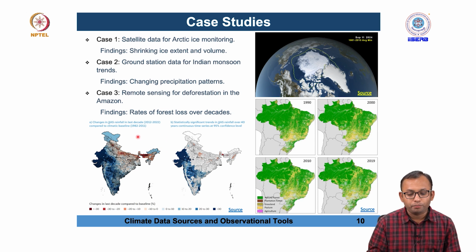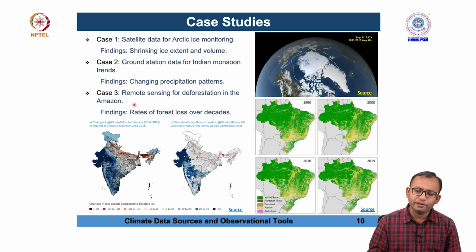has used multiple different data sets available from ground observation stations across India, and they have analyzed the changing pattern of precipitation across different parts of the Indian region. Then case study 3 basically tells about the application of purely remote sensing data sets in a deforestation study.